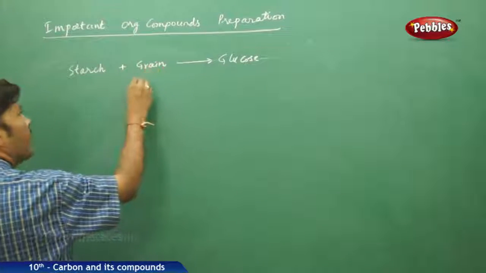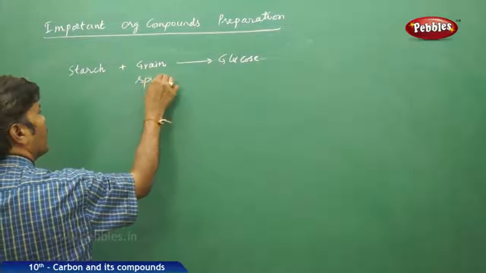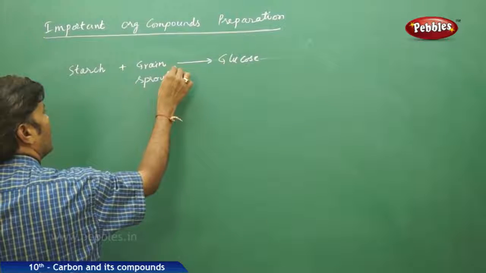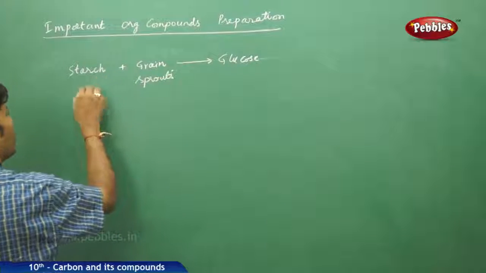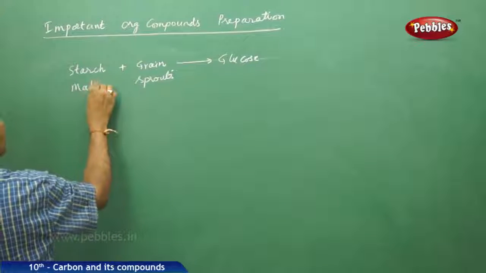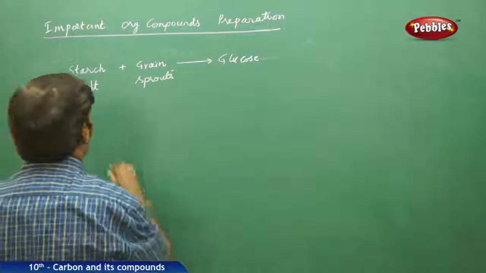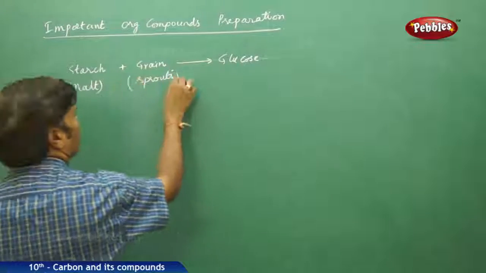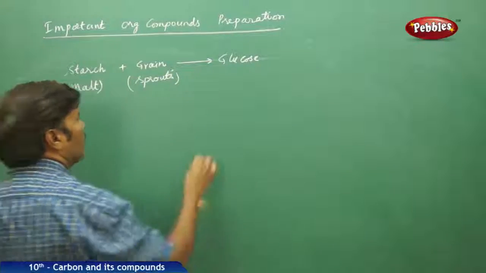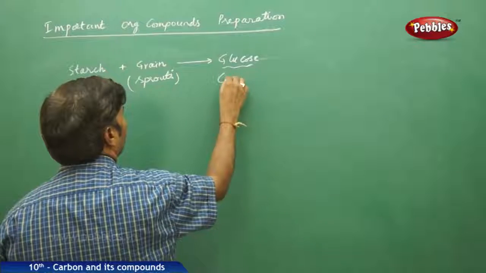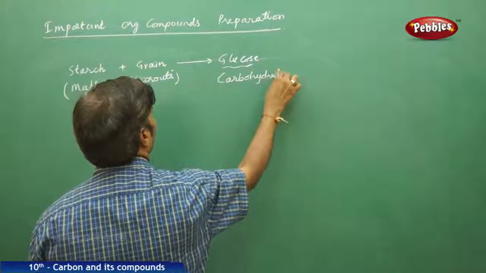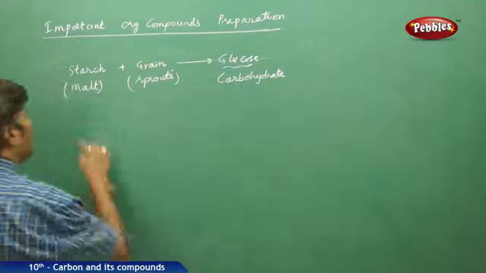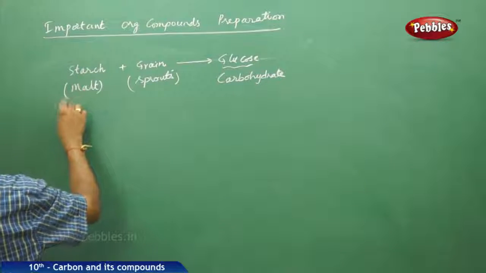When you say grain, it is sprouts, and grain is malt. Starch plus malt sprouts gives glucose. Glucose is a carbohydrate. Basically, starch is a polysaccharide.